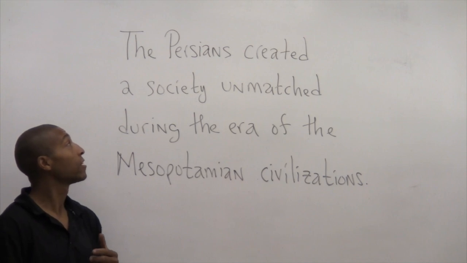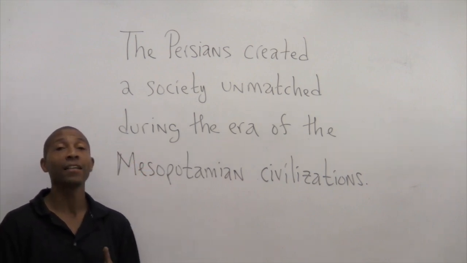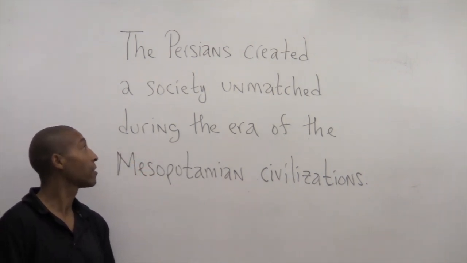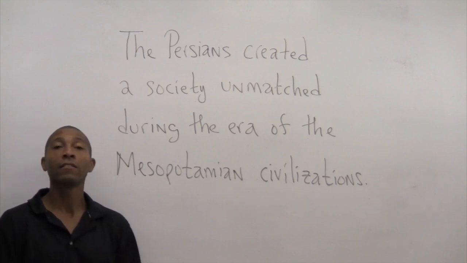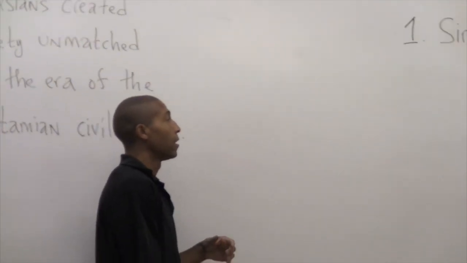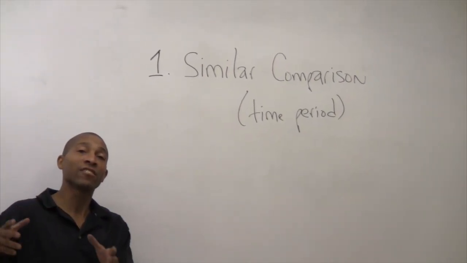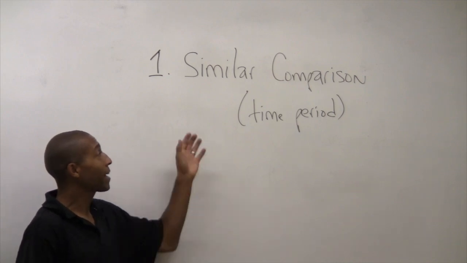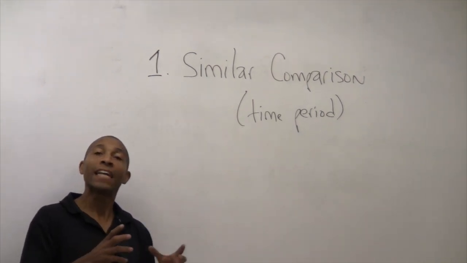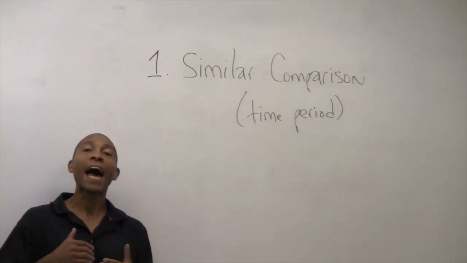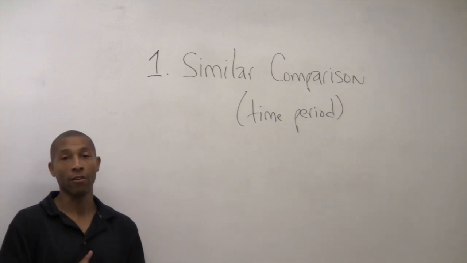A second approach or method to including a broader theme, looking back at our conclusion sentence, the Persians created a society unmatched during the era of the Mesopotamian civilizations. Given that we're talking about an ancient civilization, would be to make a similar comparison to another ancient civilization outside of the Mesopotamian era.